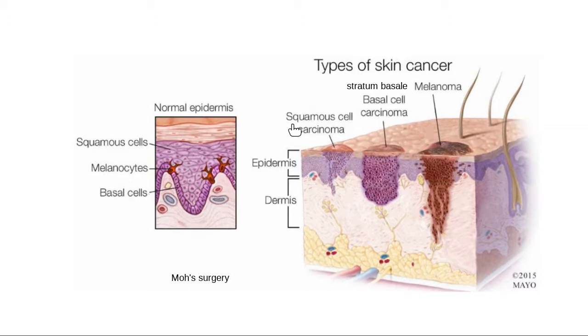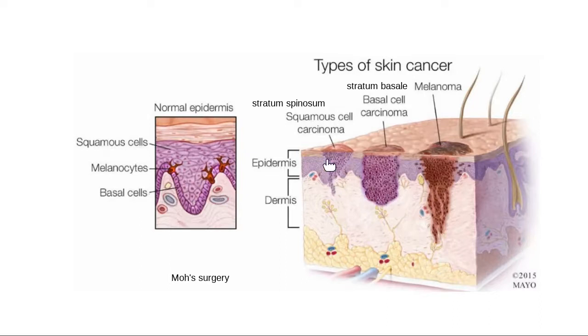Squamous cell carcinoma is what happens when cells that live in stratum spinosum become cancerous. When these become cancerous, they grow a little bit more quickly, and they also don't necessarily grow in a group like we see here.